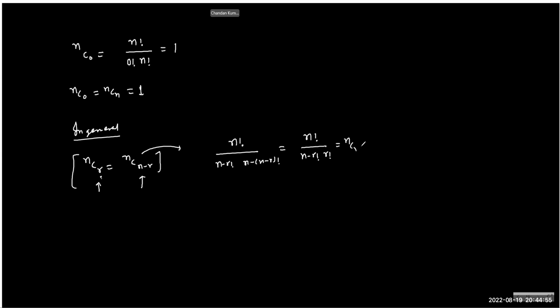And this is nothing but the nCr. So nCr is always the same as nC(n minus r), which means 10C2 is the same as, can you guess? 10C8. 5C4 is the same as 5C1.